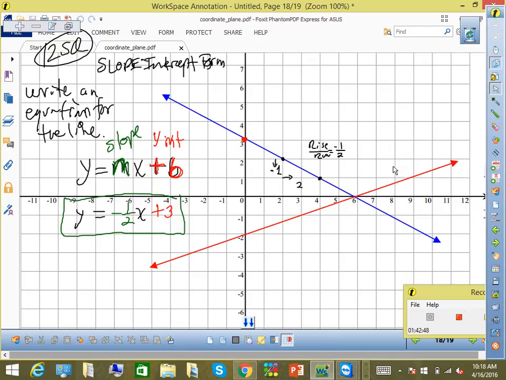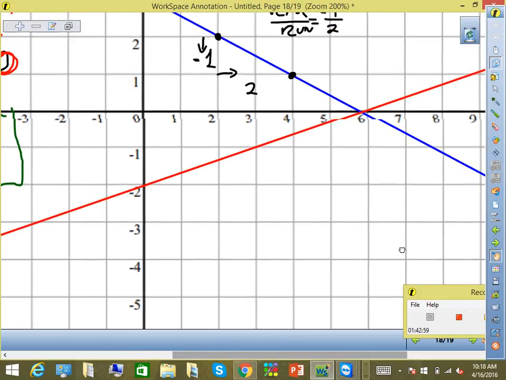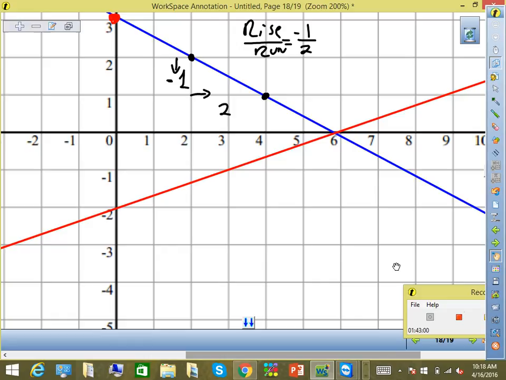Graph that line, please. Everybody graph that line already?